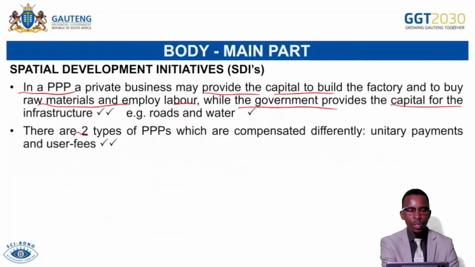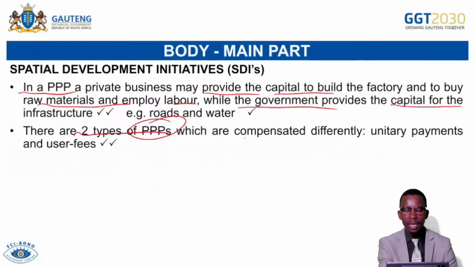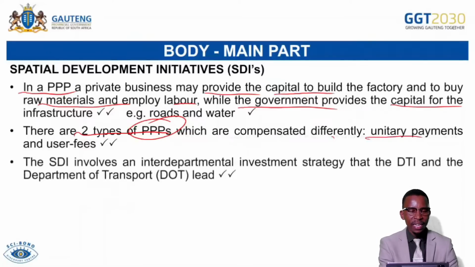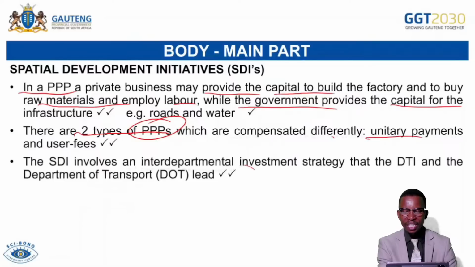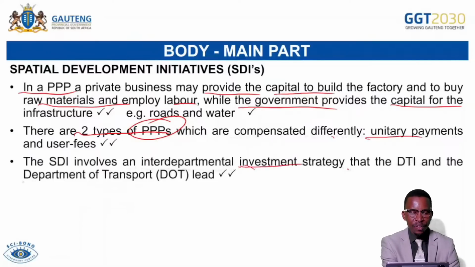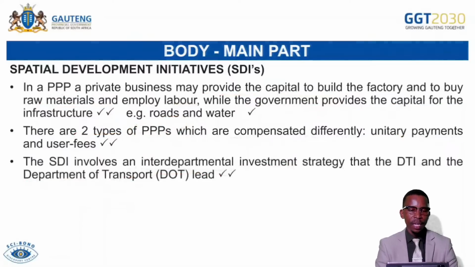There are 2 types of public-private partnership which are compensated differently: unitary payments and user fees. The SDIs involve an interdepartmental investment strategy that the Department of Trade, Industry and Competition and the Department of Transport can lead. Then we continue.